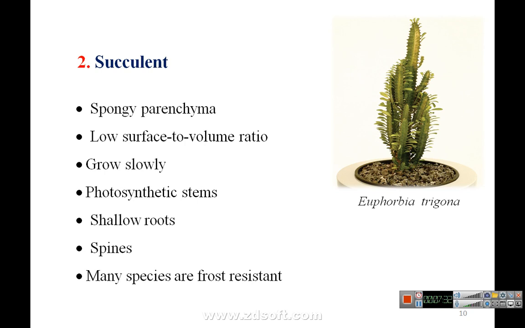They have spines. Many species are frost resistant, because they store a very saturated material or liquid in them. Whenever a solution is very saturated, it does not freeze easily.